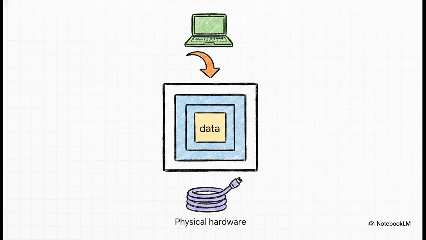As your data travels down the stack, it gets wrapped up in a brand new layer, basically adding specific headers and trailers at every single step. This happens all the way from the software application on your screen right down to the actual physical copper or fiber optic cable. This layered structure is brilliant because it allows engineers to isolate functions. So if a piece of software gets updated, it doesn't just randomly break your physical hardware.